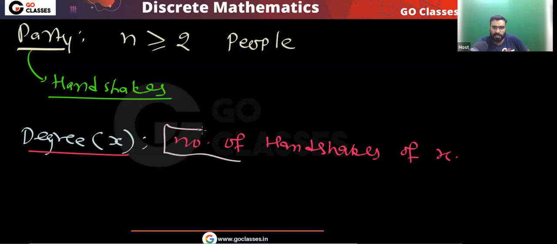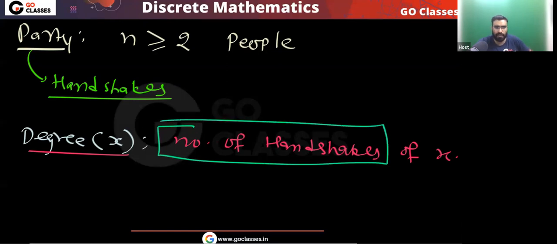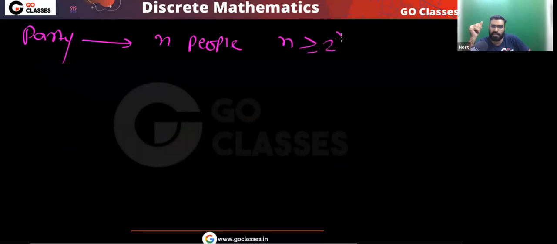A person can have how many handshakes? Minimum how many handshakes can a person have? A simple question. In this party, you take any particular person. There are total n people, n is greater than or equal to 2.